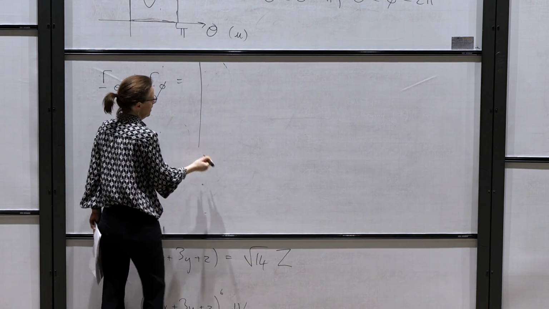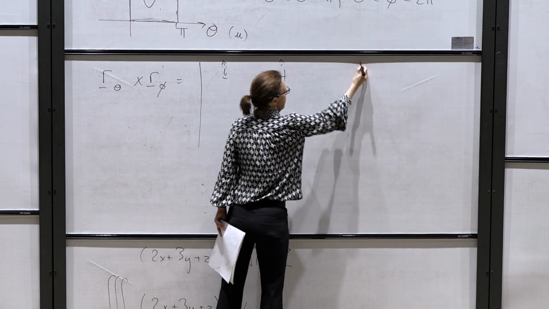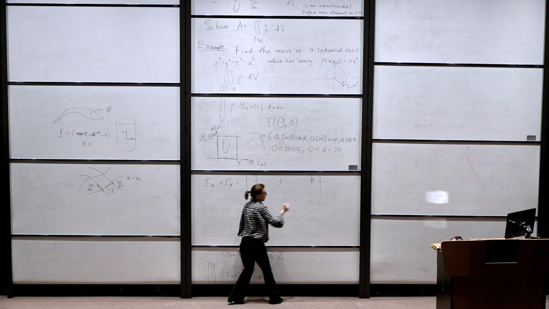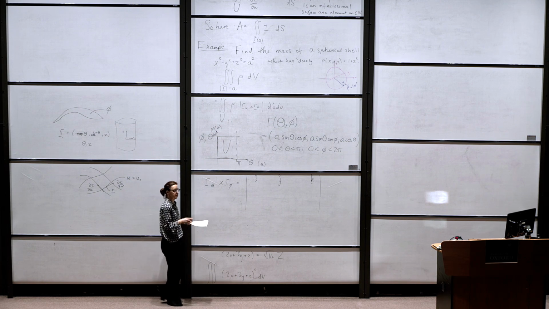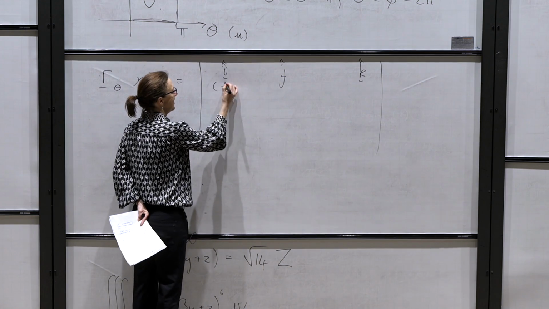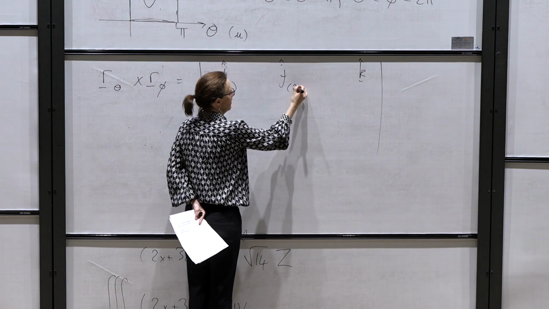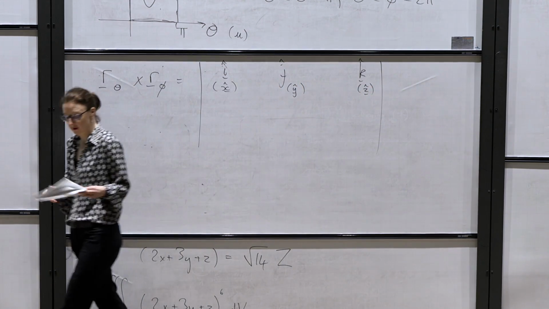I can use the determinant notation, where i, j and k are unit vectors in the Cartesian coordinate directions. We often change our notation halfway through a computation. This is the same as x hat, y hat, or z hat, which you might also use to define the directions of your coordinates in Cartesians.